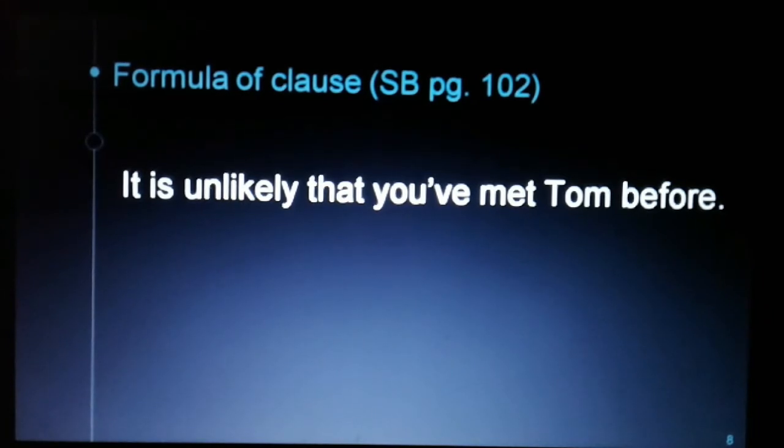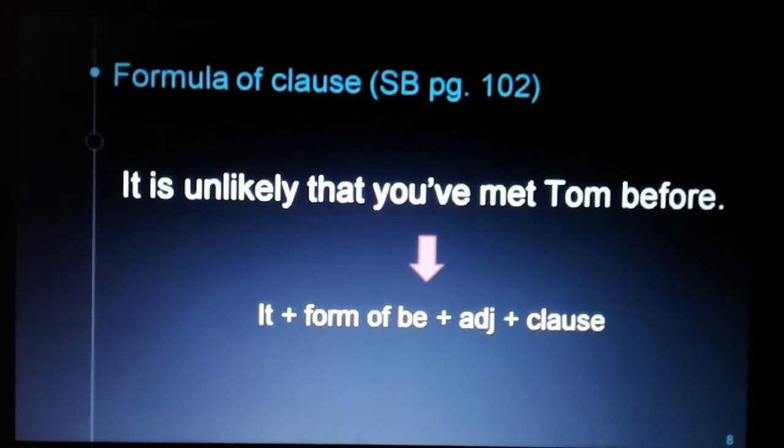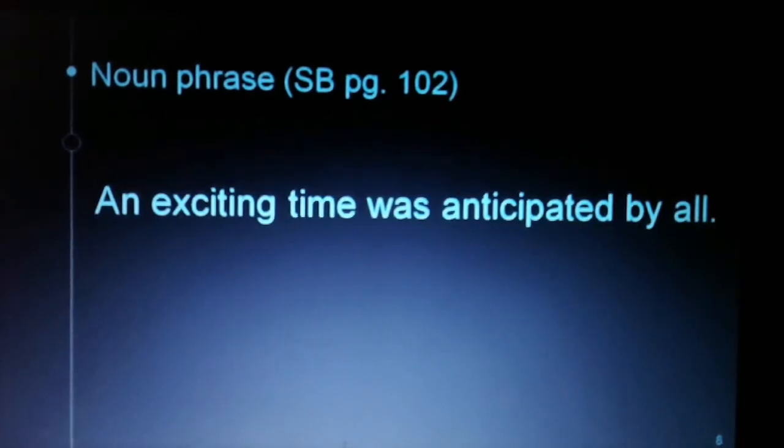So, the formula of the clause would be it as the subject and then followed by form of be and then followed by adjective and it ends with clause. However, if you see a noun phrase as a subject of a sentence, you don't need to change it by using preparatory it.